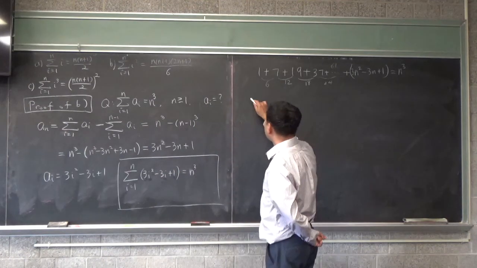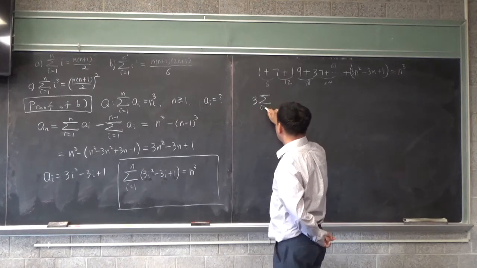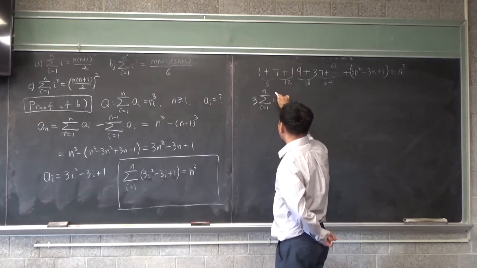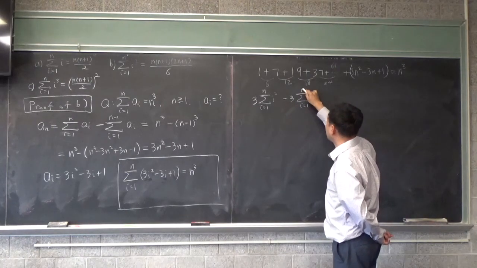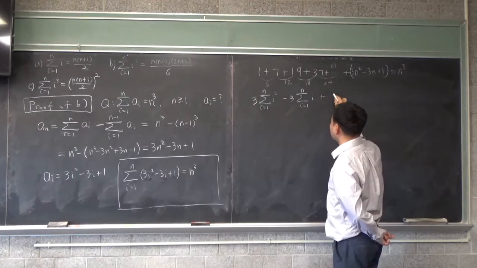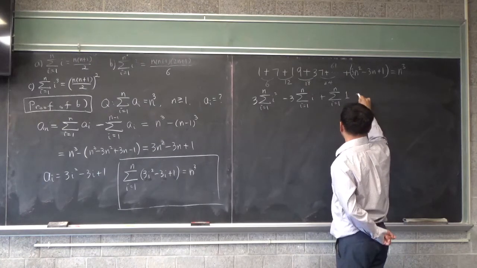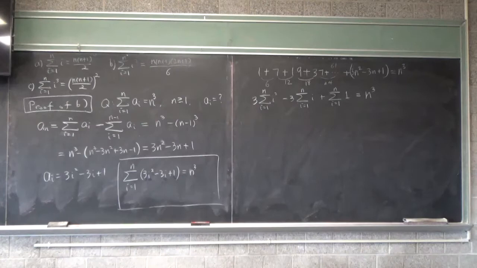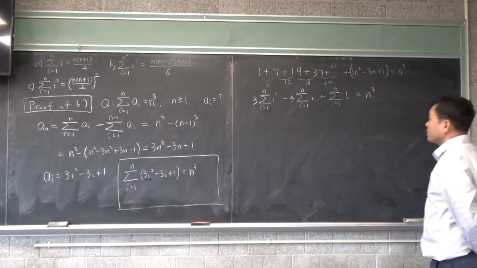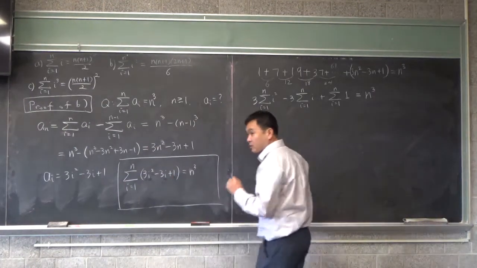So you're going to get 3 sigma i from 1 through n of i squared minus 3 sigma i equals 1 through n of i plus sigma i from 1 through n of 1 is equal to n cubed. So I broke it up and brought any constant multiple outside.